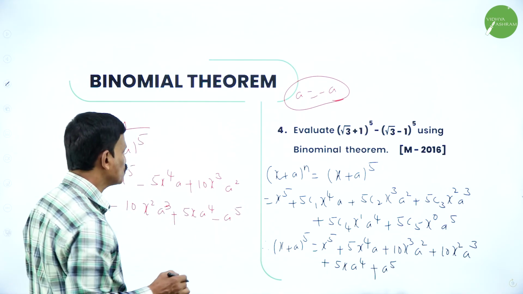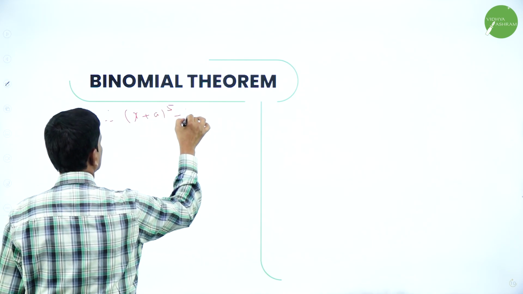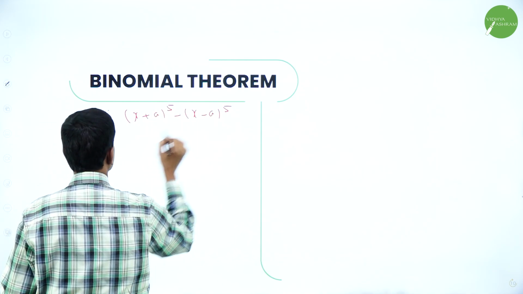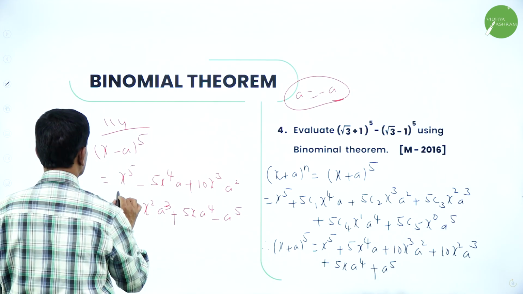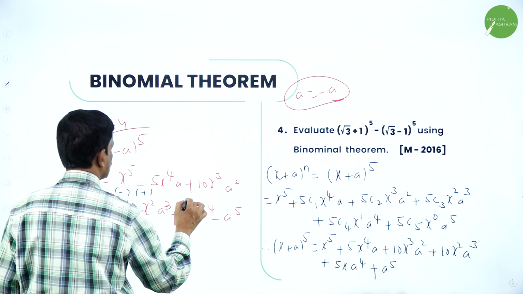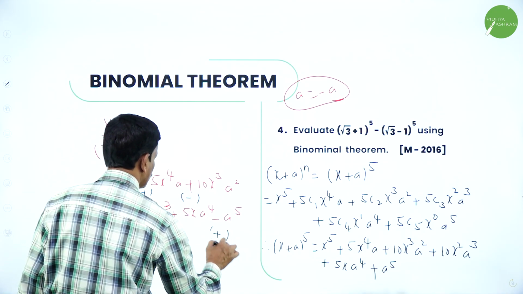Now subtract these two. Now therefore (x plus a) to the power of 5 minus (x minus a) to the power of 5. If you subtract this, what happens? So while subtraction, this becomes minus, plus, minus, plus, minus and plus.